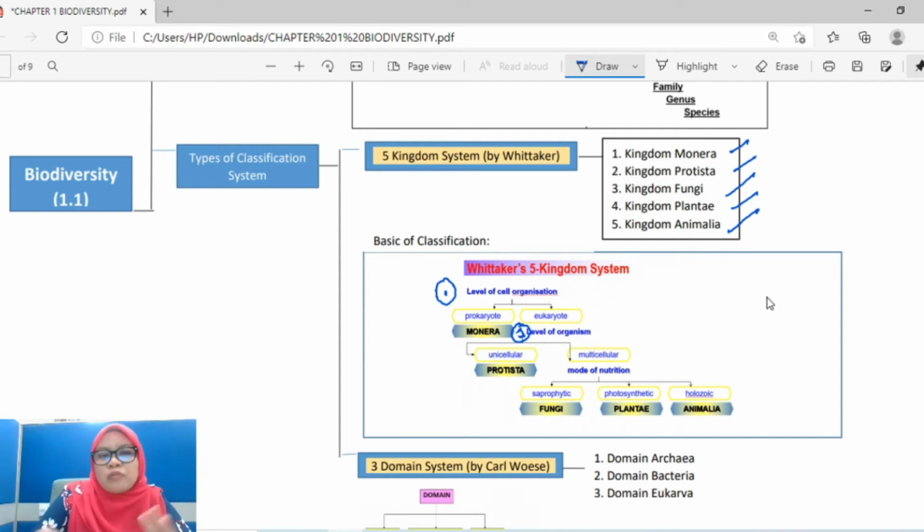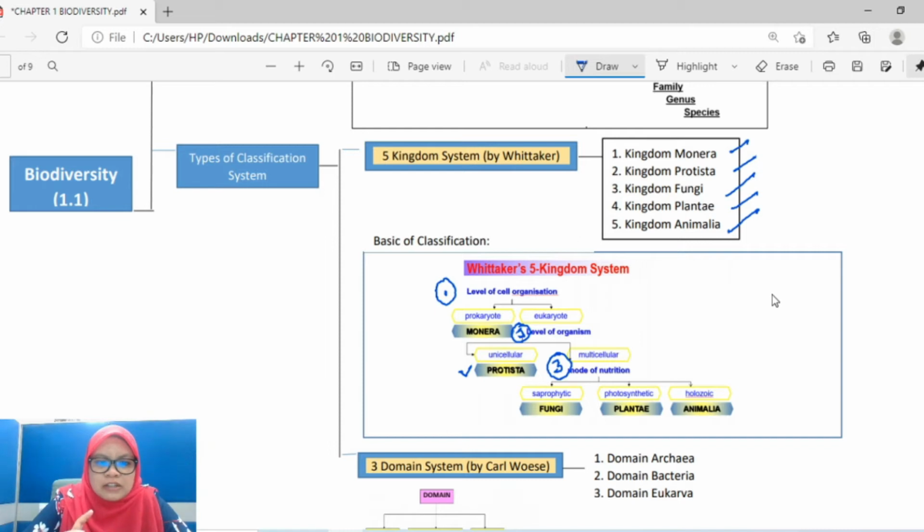And then kita nak tengok pula, if the organism is unicellular, we will classify the organism under kingdom Protista. Okay, eukaryote, unicellular. So they will belong under kingdom Protista. And then for the rest, the third element to be considered is mode of nutrition.